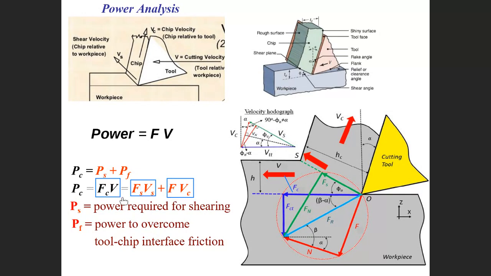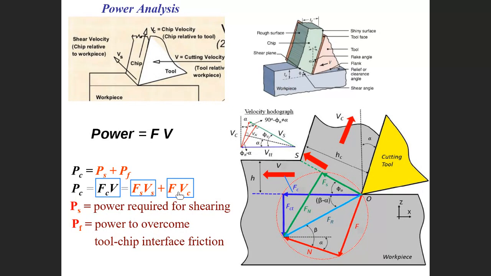Then the power delivered by the tool, Fc V, equals the power needed to shear the material, Fs Vs, plus the power needed to overcome the friction in the cutting.